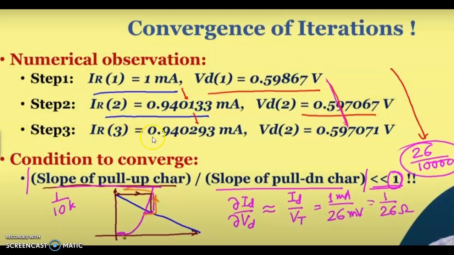Step 3: IR equals 0.940293 milliamps, Vd equals 0.597071 volt. Condition for convergence: the slope of the pull up characteristics versus the slope of the pull down characteristics, iteration forming dou id divided by dou vd approximately equal to.